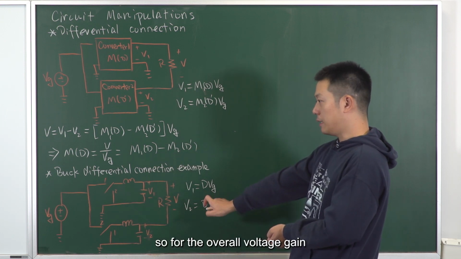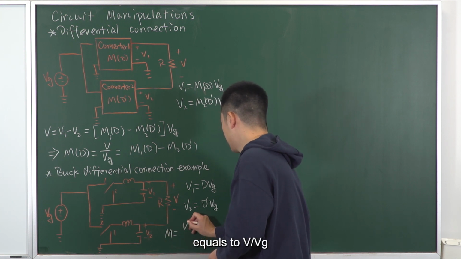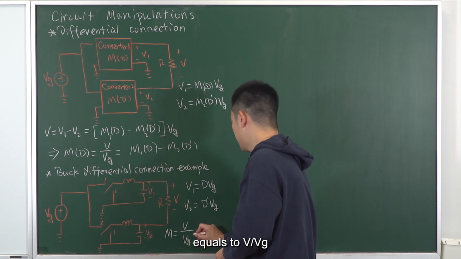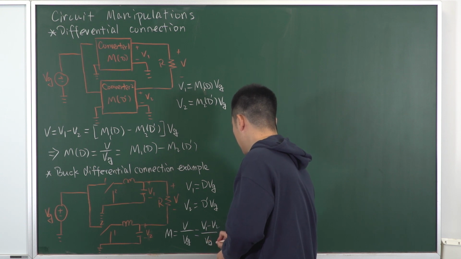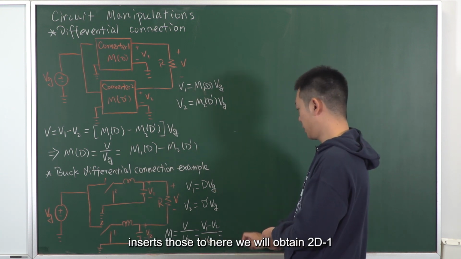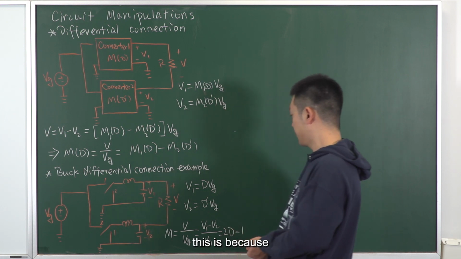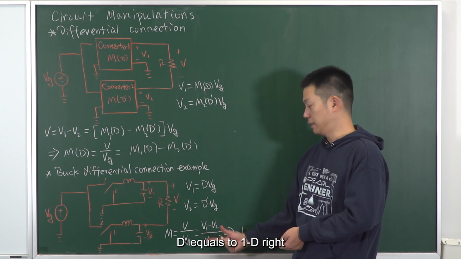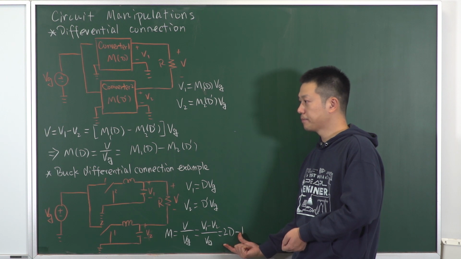So the overall voltage gain, V over Vg, equals (V1 minus V2) over Vg. Inserting those two here, we obtain 2D minus 1. This is because D prime equals 1 minus D, right? So together they arrive at 2D minus 1.